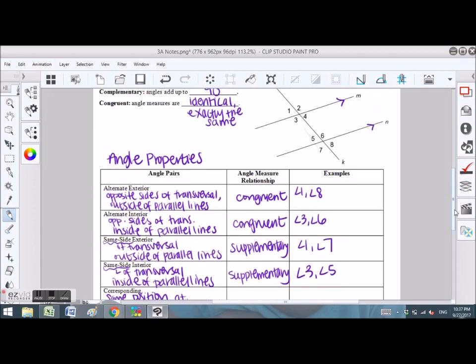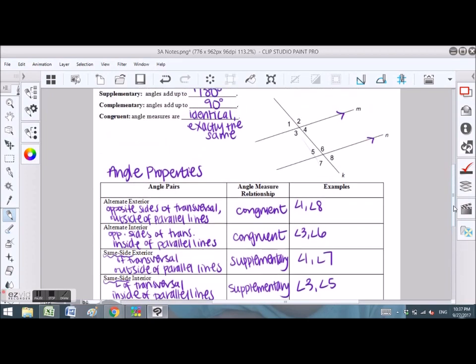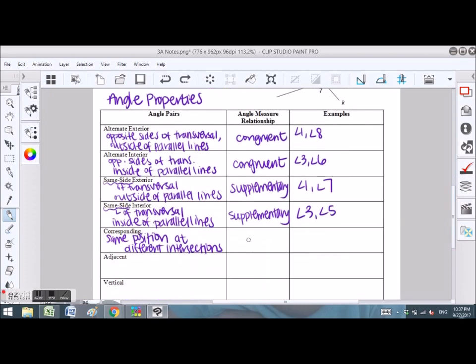So our two different intersections would be right here and right here, where K and M cross and where K and N cross. And so if they had the same position, you notice that 1, 2, 3, and 4 look exactly the same as 5, 6, 7, 8. So the same positions, for example, would be 2 and 6. They're both at the upper right-hand corner of each intersection. So these two angles are congruent.